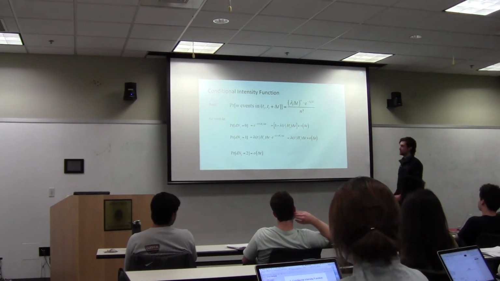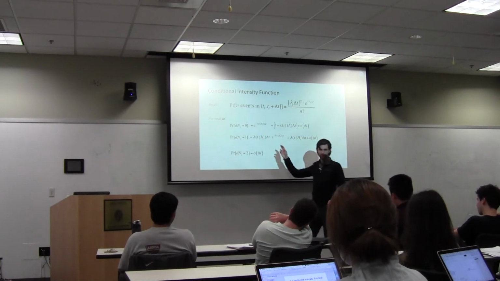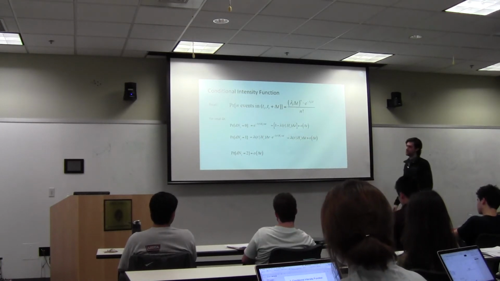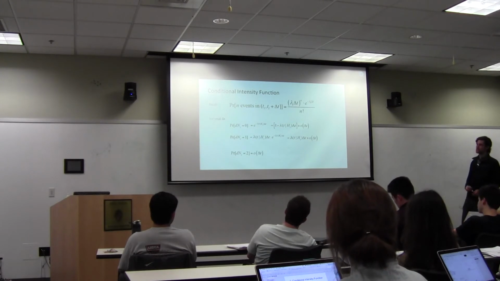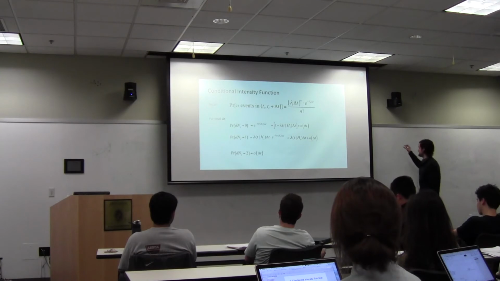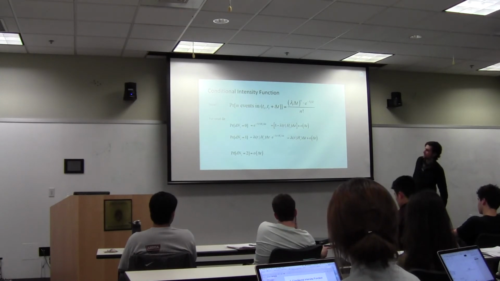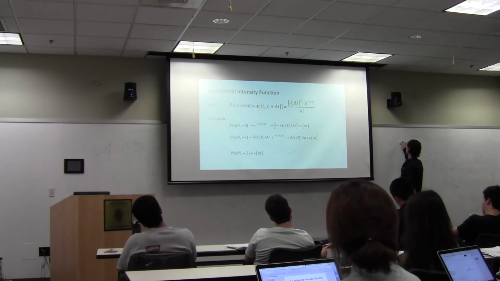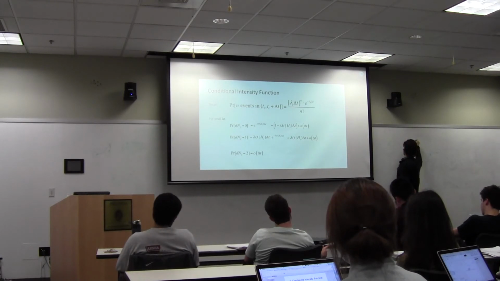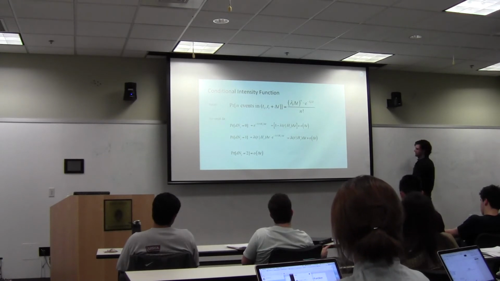So what's happening is, if you remember from calculus 1 or pre-cal, you can expand an exponent. So e to the negative x can be expanded as 1 minus x, I think, plus x squared over 2 factorial or something like that.